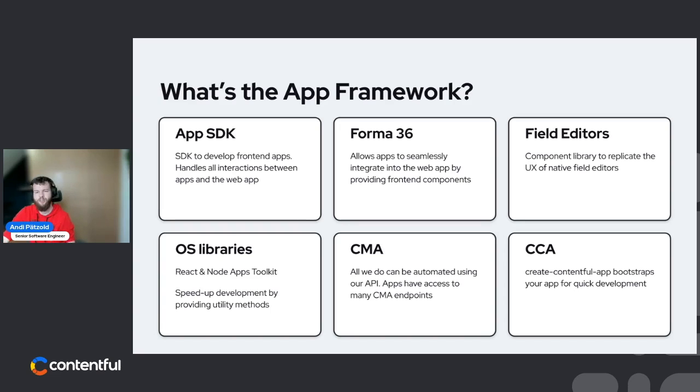And last but not least, that's actually where we get started today, is Create Contentful App, also called CCA, which allows you to bootstrap your app. Because in many cases, you don't really want to set up a new React project, think about all dependencies, and build all that boilerplate, and CCA helps you to do that.